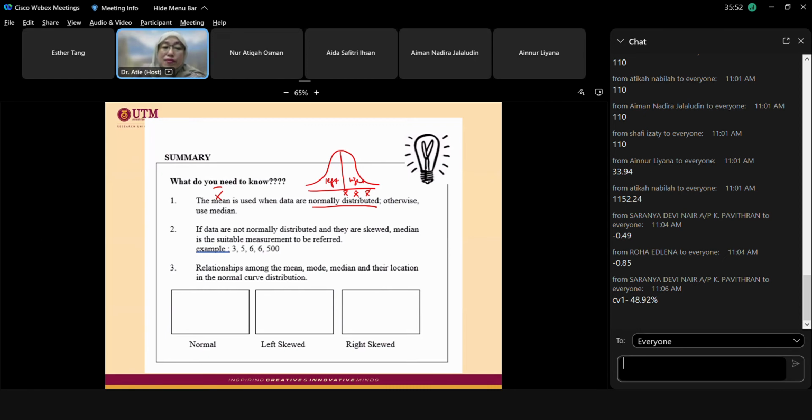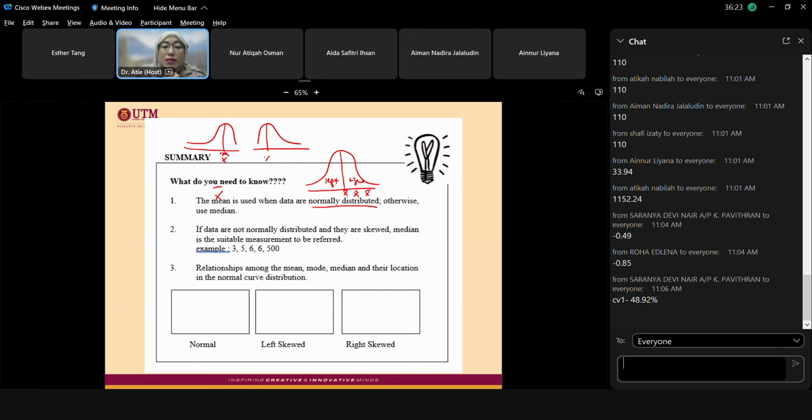If our data is no longer symmetric or normal, and is skewed either to the left or to the right, then the mean can no longer be our reference because the mean is no longer at the center. It is somewhere else. The only measurement that is always at the center is the median. Sorry, this is the mode.